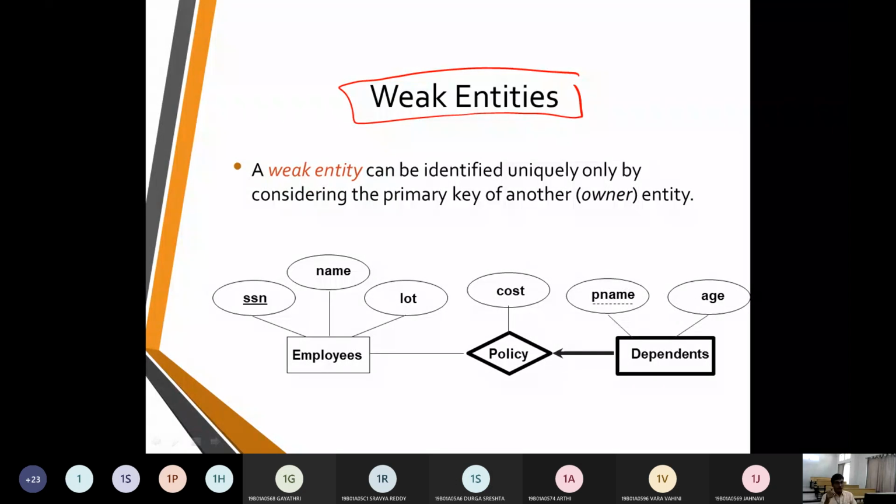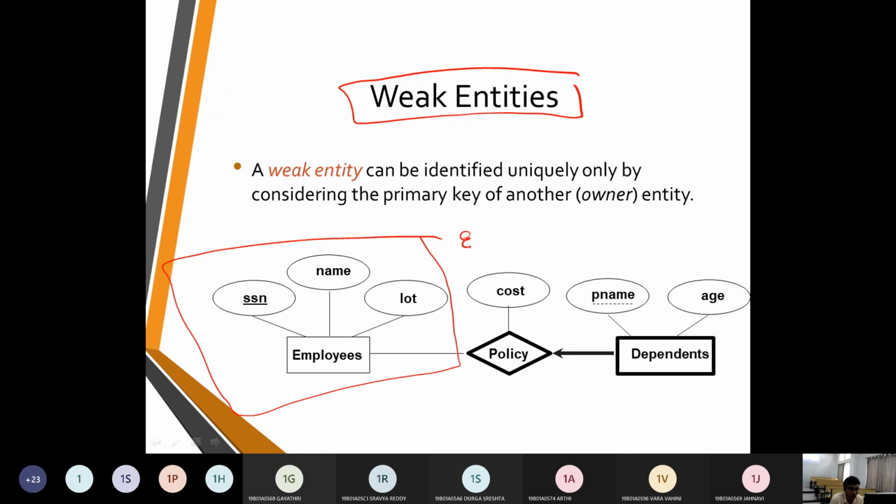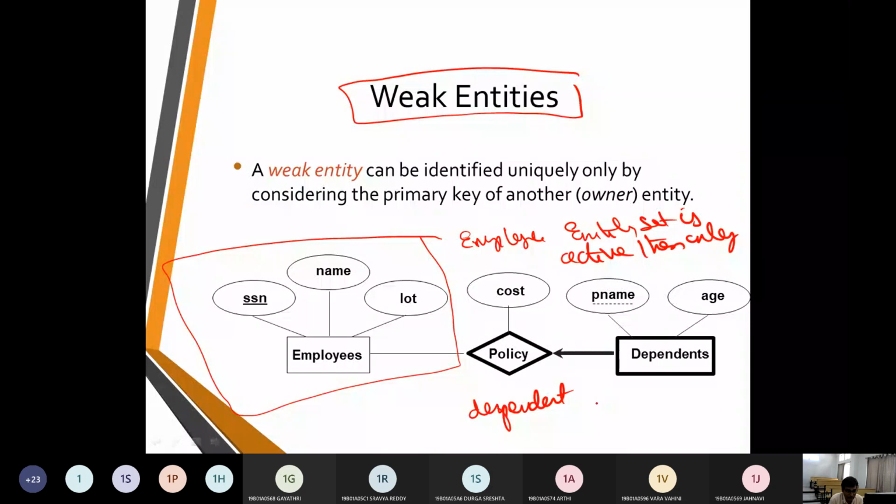As far as a weak entity is concerned, if the employee entity set is active, then only the dependent table or entity set is active. I will put an example, you will get a clear understanding.